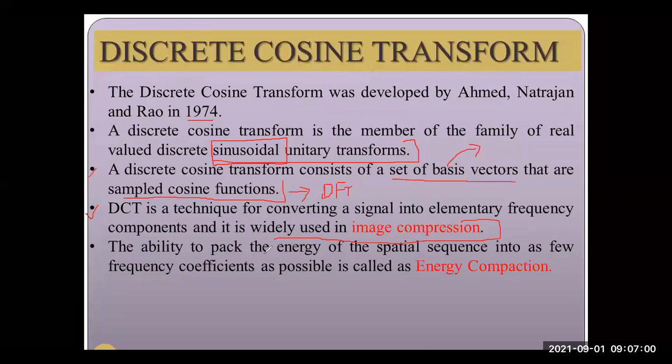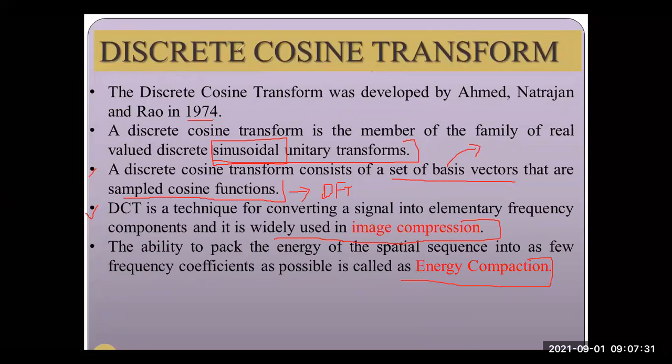The second important thing is energy compaction. The energy compaction in the discrete cosine transformation is much higher compared to the DFT. These are the two main drawbacks. First, when we use the DFT, whatever image you get is in complex format, so pre-processing is much harder.